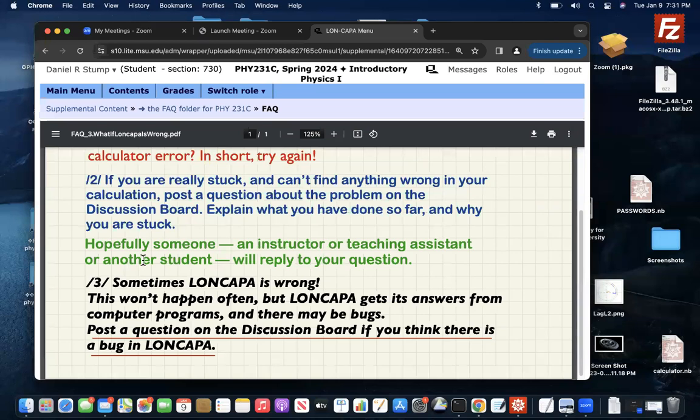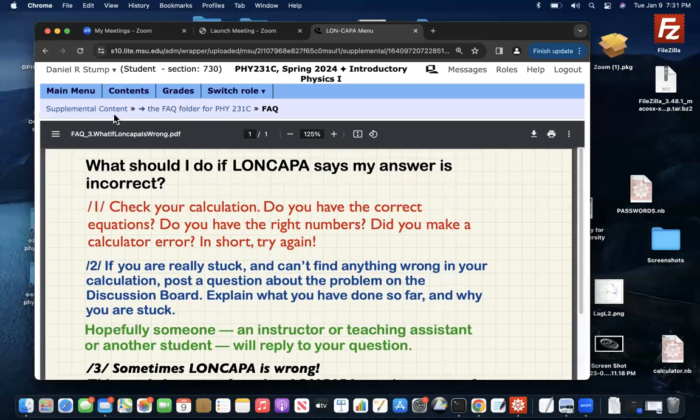That shouldn't happen very often, but every so often Lon Kappa has the wrong answer programmed. And so it'll tell you it's wrong when in fact it's right. So put a question on the discussion board if you think there's a bug in Lon Kappa. But the main thing is, what should I do if Lon Kappa says my answer is incorrect? Go back and check your calculation. Do the calculation over again carefully to make sure that you didn't make a mistake.